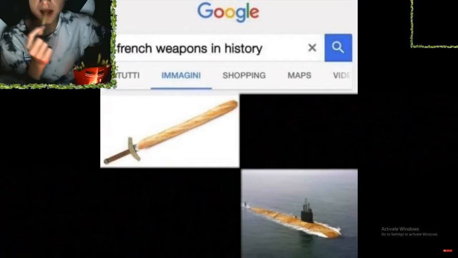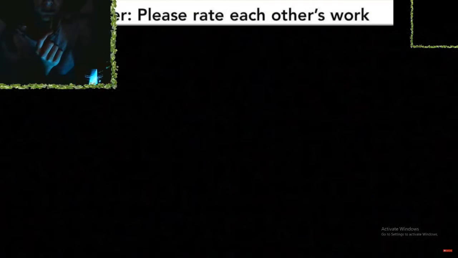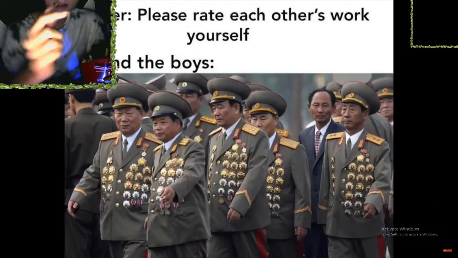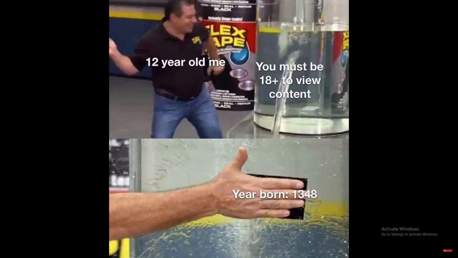Astronomy. French weapons in history. Teacher, please grade each other's work yourself, me and the boys. 12-year-old me, you must be 18 plus to view content. Couple find a giant huntsman spider.